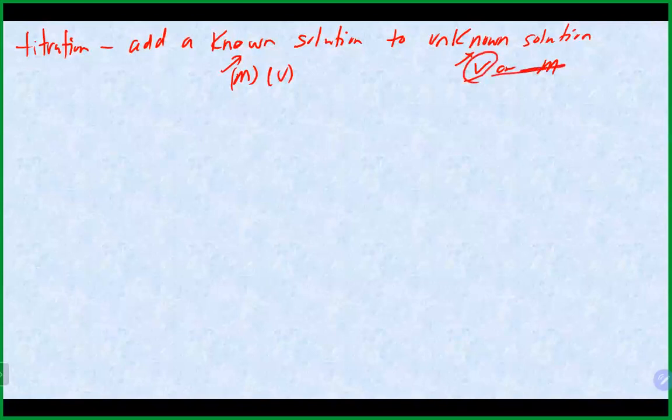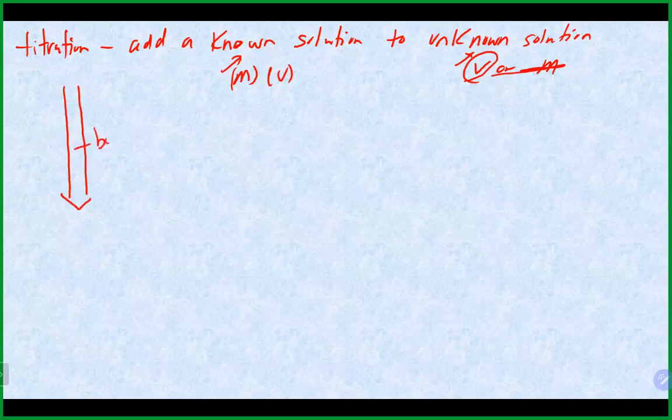And as you did on Monday, and we'll do again today, usually when we do a titration, we use a burette. And for example, you could put your base up in the burette. You could also put your acid up there if you're doing a different type of titration. It doesn't really matter. But in most cases, the base will be in the burette.